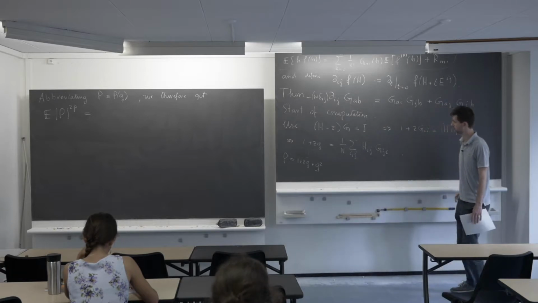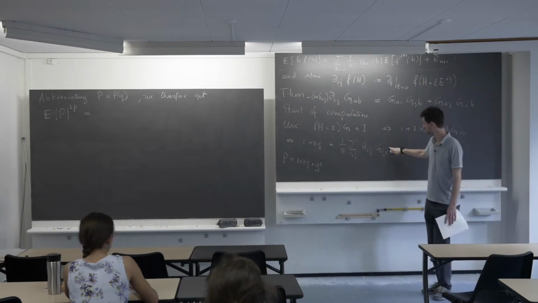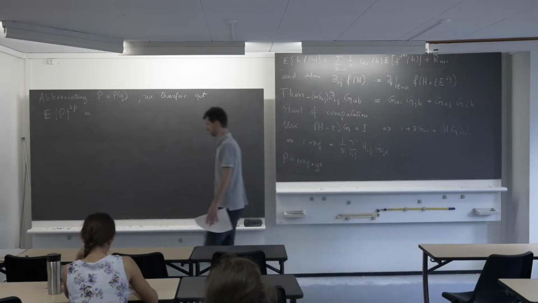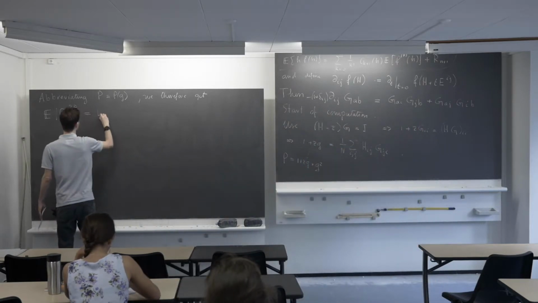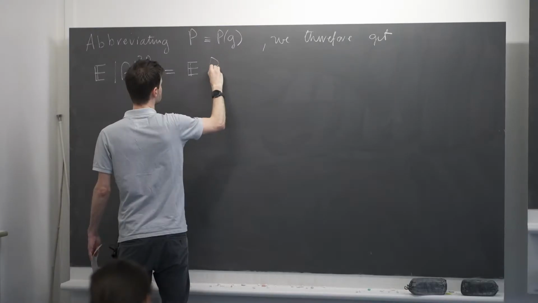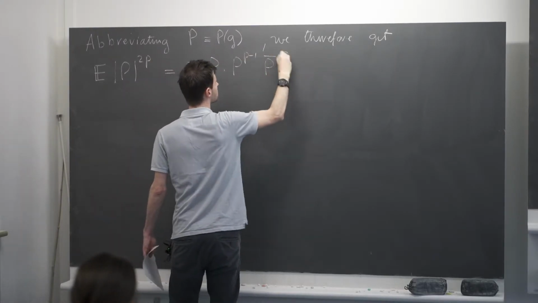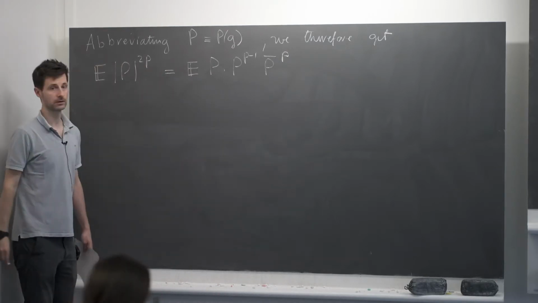We will take one of these factors of P and leave all the others unchanged. So this is P times P to the p minus 1 times P bar to the p. This is a trivial change.